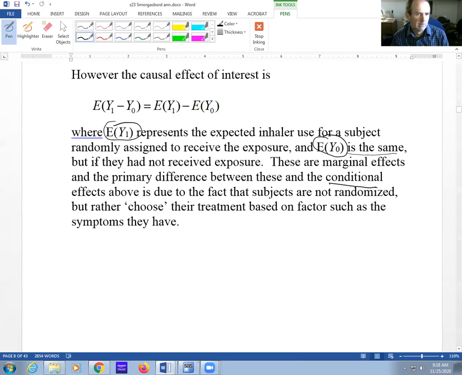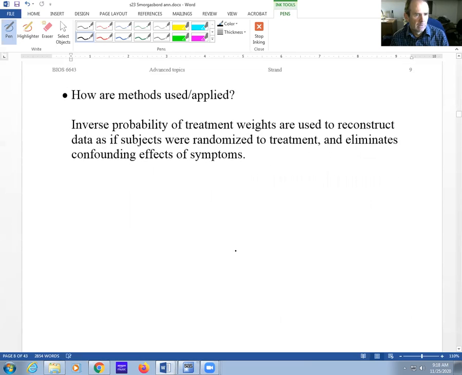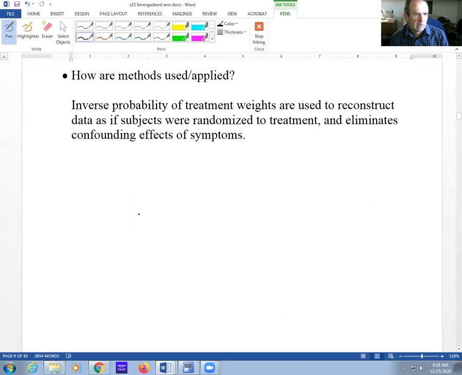Okay, so the way that we do that is we apply inverse probability of treatment weighting to reconstruct data as if subjects were randomized to treatments, with the hopes of eliminating the confounding effects of symptoms with the particular application we're talking about here.